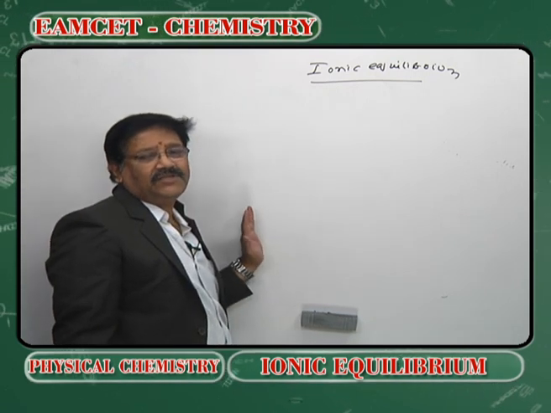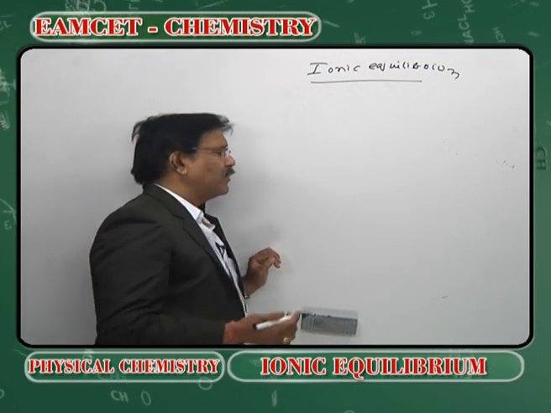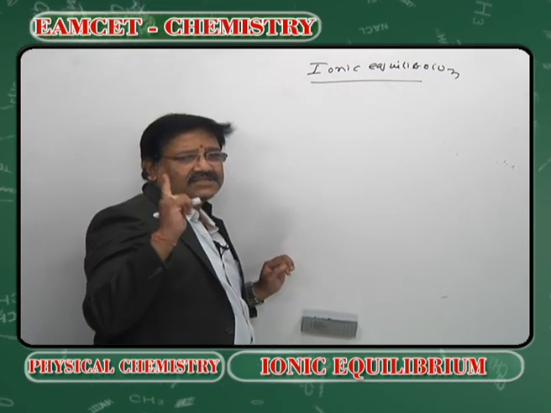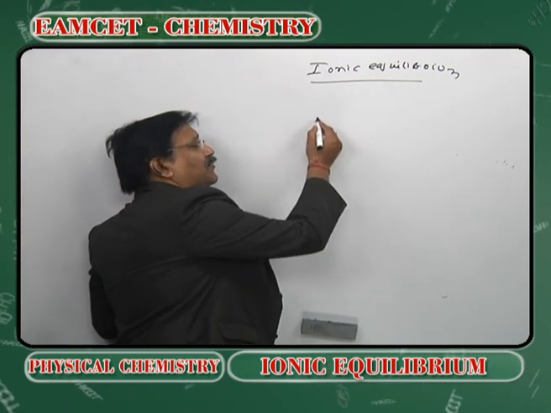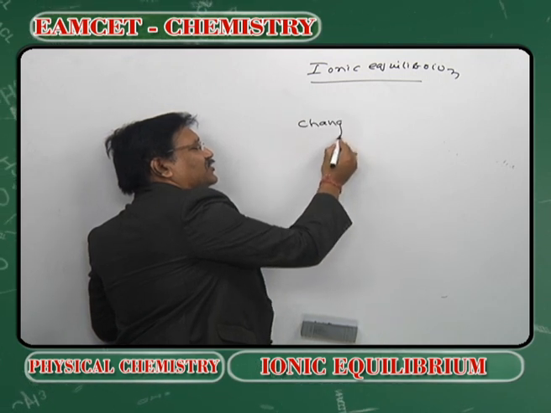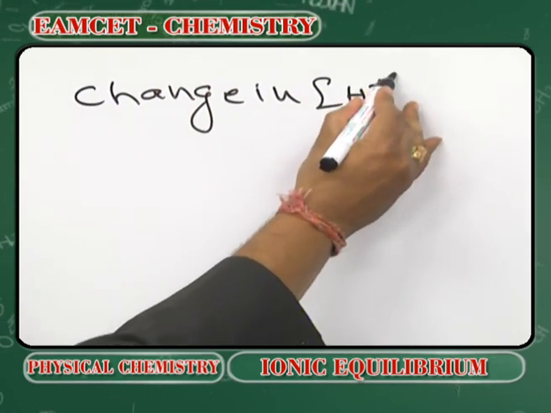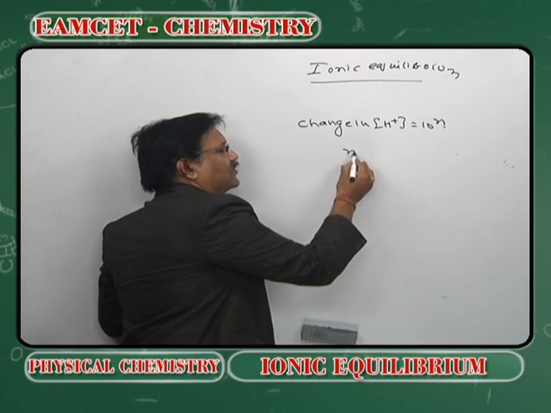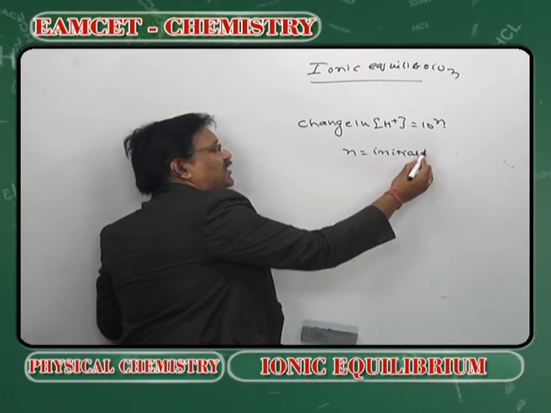And what is the other important point? To change the pH value by n units, H plus ion concentration should be changed by 10 to the power of n times. So change in H plus ion concentration will be equal to 10 to the power of n, where n is equal to initial pH minus final pH.